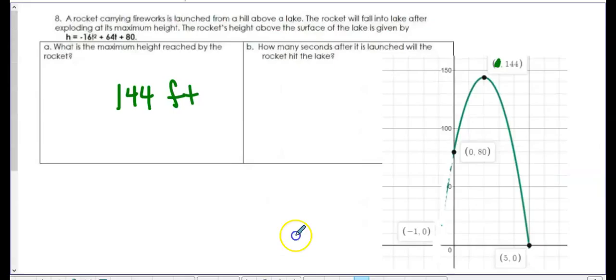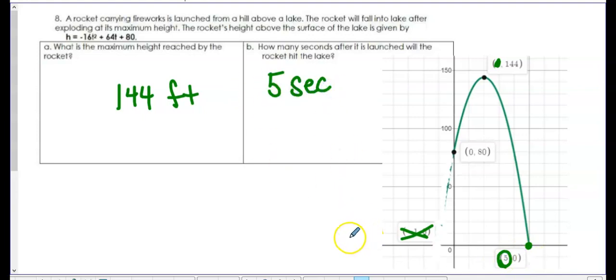Okay, so it's 5, I'm going to say 5 seconds is how long it took. So I'm looking for this x-intercept right here. Again, this other x-intercept doesn't count. It won't work because it's a negative time, and we don't have negative time. It doesn't go negative 1 second. So it's going to be the x value of this ordered pair right here. So it was 5 seconds.